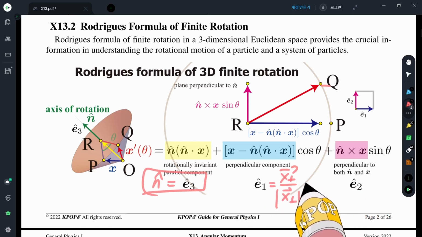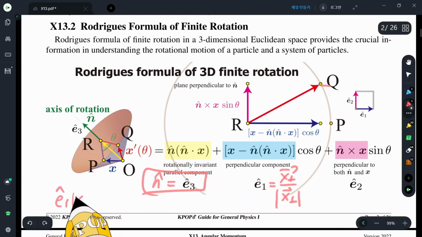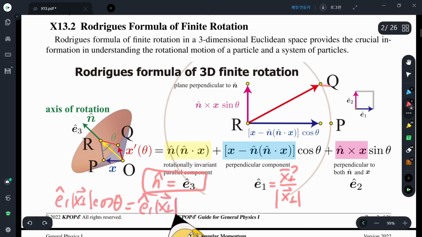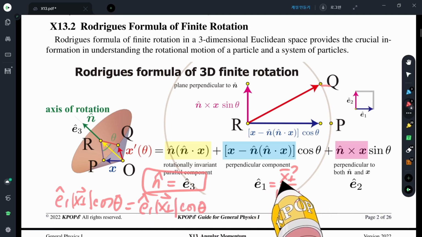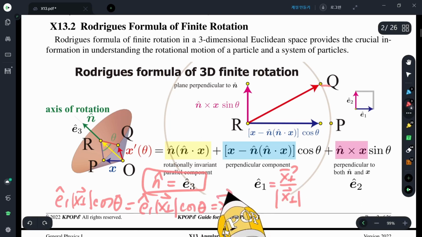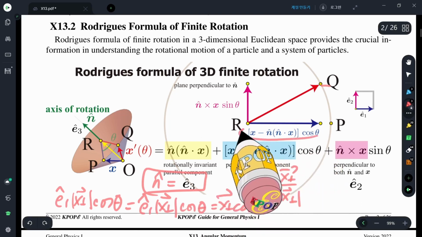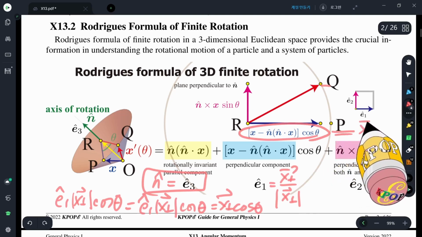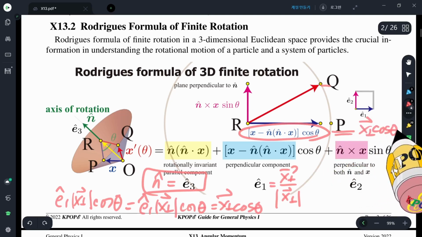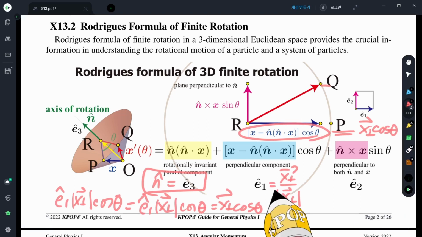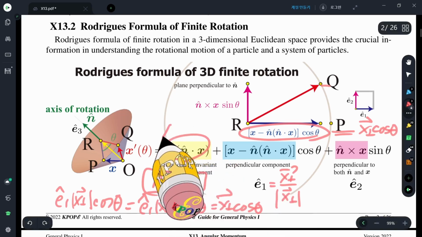If I multiply E1 hat by x perp magnitude cosine theta, what I obtain is this one cancels: E1 hat x perp magnitude cosine theta. Because E1 is parallel to x perp, this is just x perp cosine theta. And this one is x parallel.